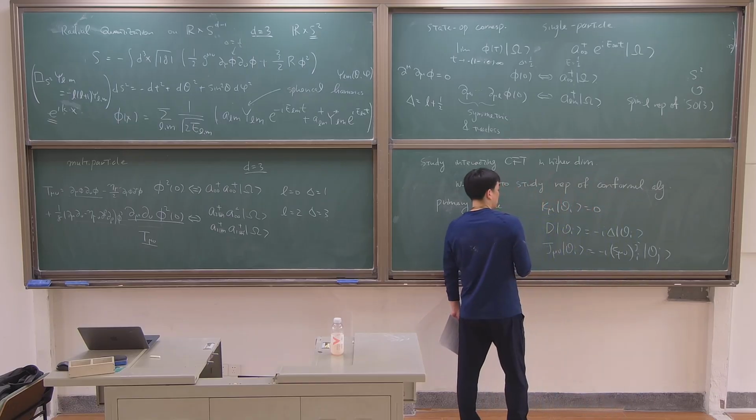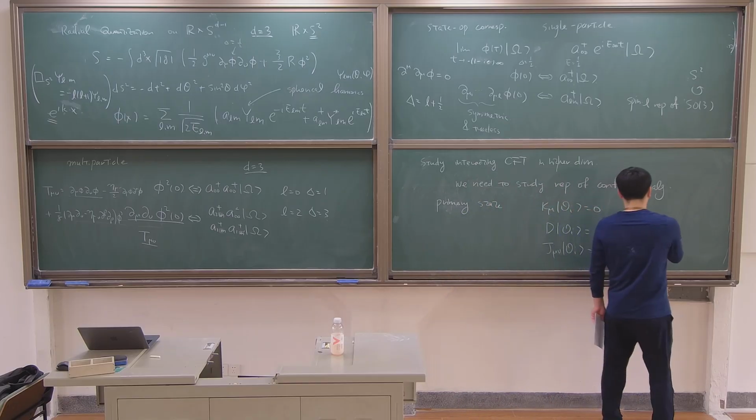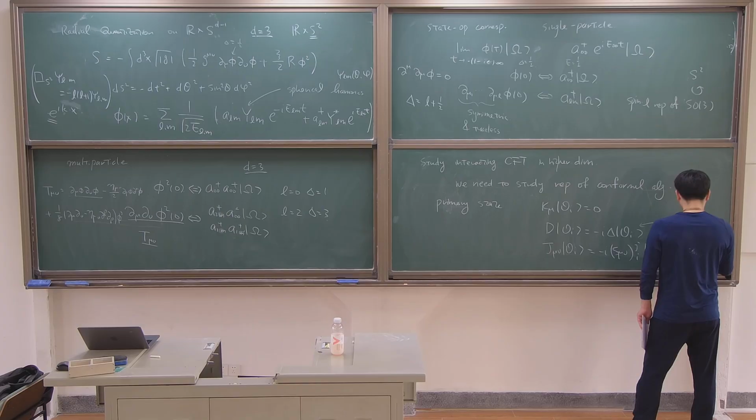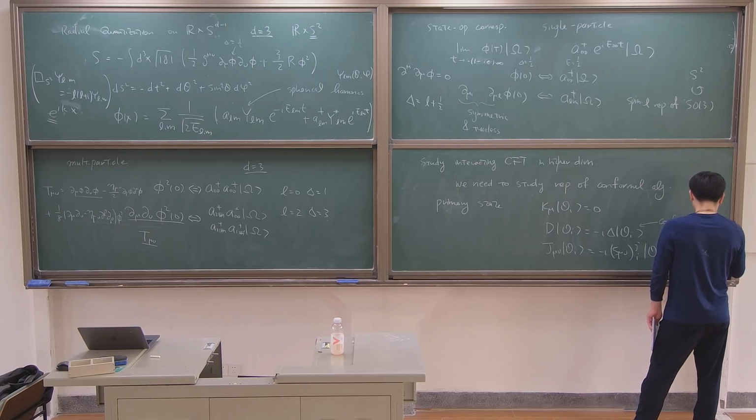Like this. So this is a representation of SO(1,d-1), or SO(d) if it is Euclidean.